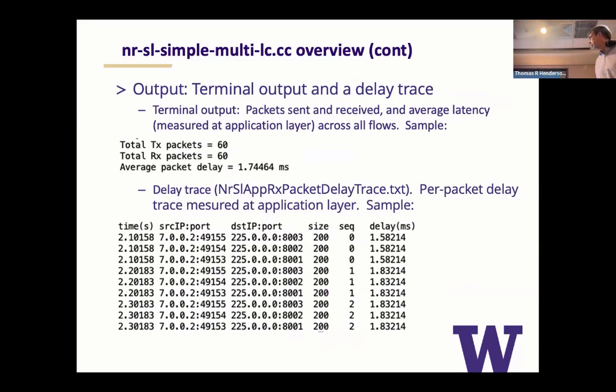This is measured at the application layer. The program also populates an output file, which is a per packet record of the time every packet was sent, and then the delay that that particular packet experienced. So you can read this if you want to get the per flow latency for these different flows.